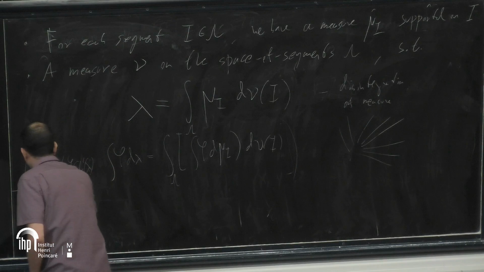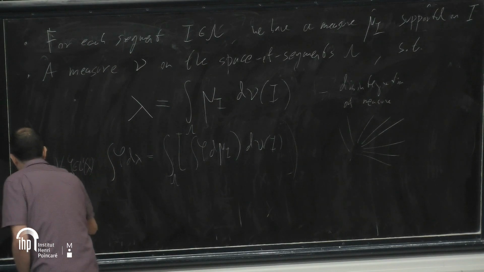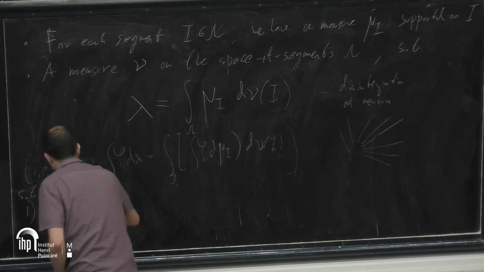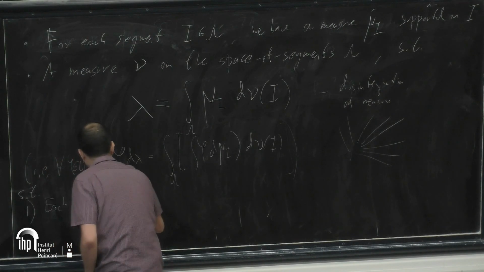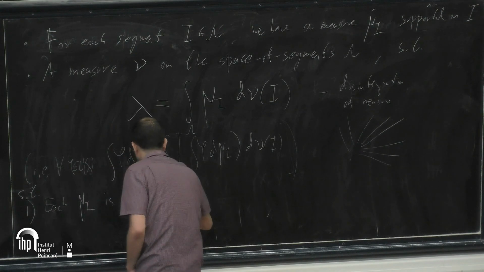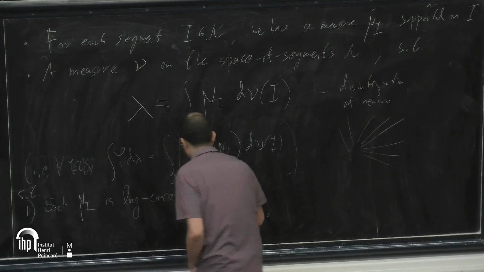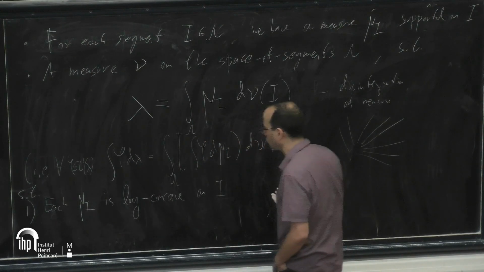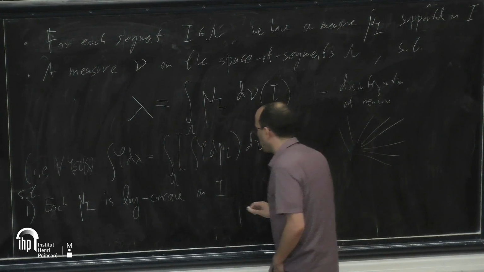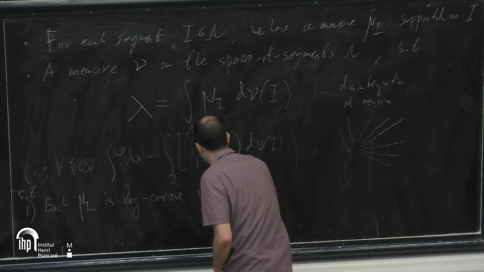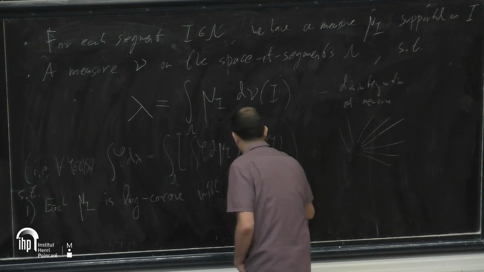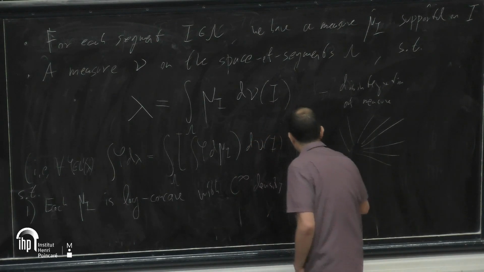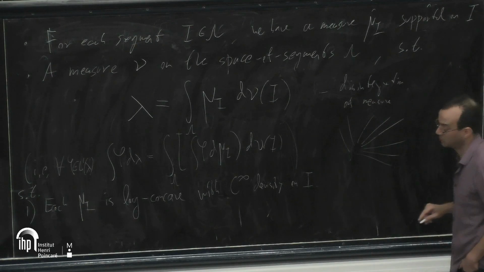But we have two more important properties. The first one is that each mu I is log-concave on the interval I. In fact, in the Lebesgue case, even more is true: it has a smooth density, even C-infinity, in fact a polynomial function of degree n minus 1.